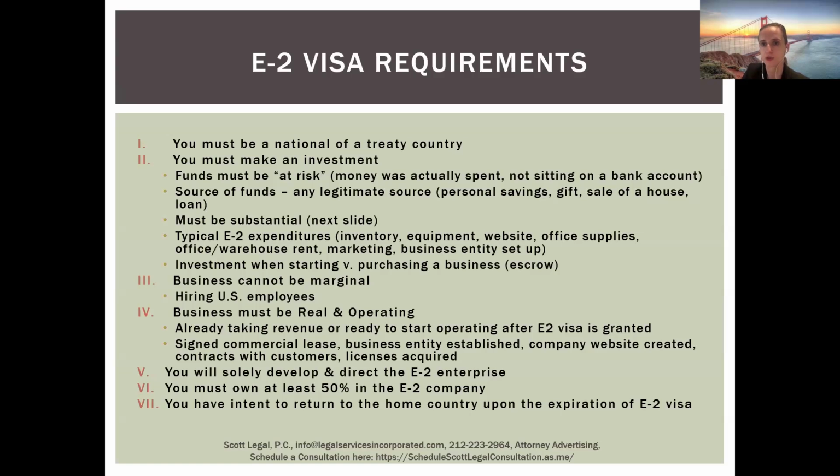For the E-2, as we said, the money has to be spent at the time you are applying for E-2. So if you have money sitting in the bank account and you say to the officer that you are planning to make all these expenditures in the future, unfortunately that will not work. You have to make the expenditures before you apply for the E-2 visa.